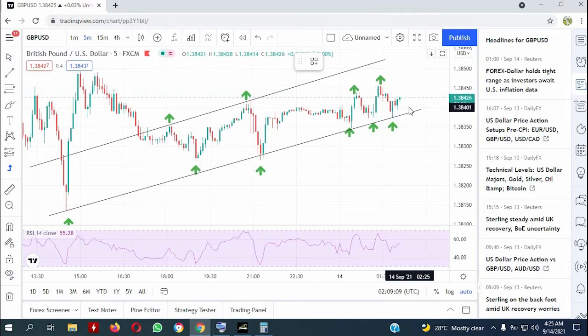So at the last lower low, we have the last arrow pointing up. That is our entry point. And that bull candle is indicating that buying pressure is in the market, so that's where we want to enter, right there.